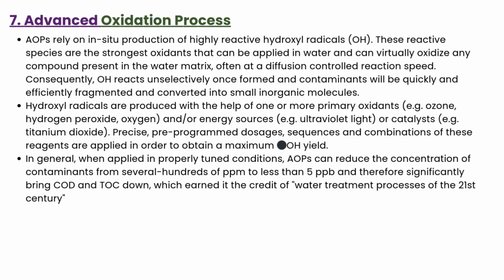See, this is what we said before. In general, when applied under proper tuned conditions, AOPs can reduce the concentration of contaminants from several hundreds of ppm to less than 15 ppb, and therefore significantly bring down COD and TOC. The total residual content is brought down, and this is the latest treatment process.